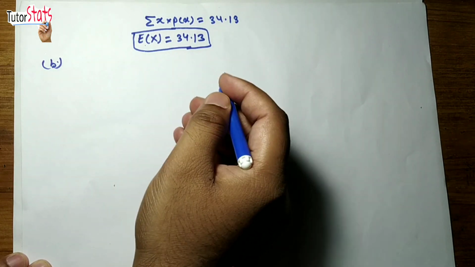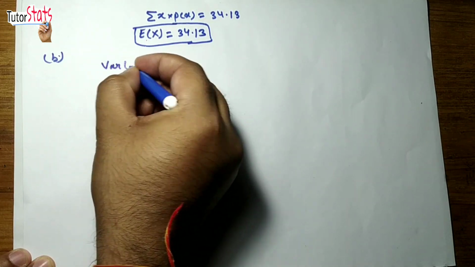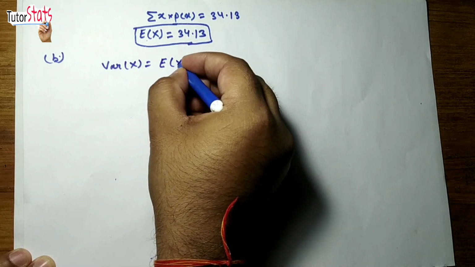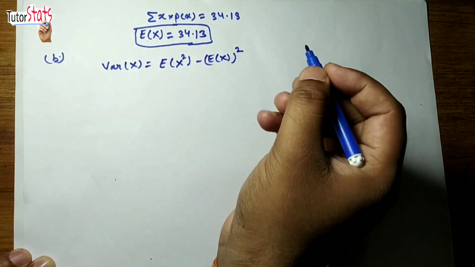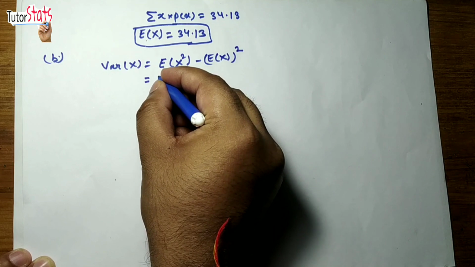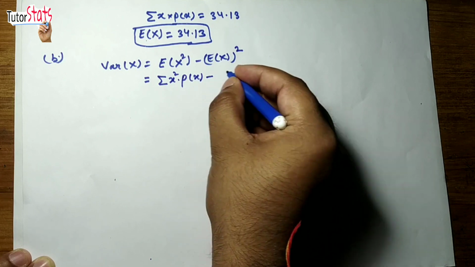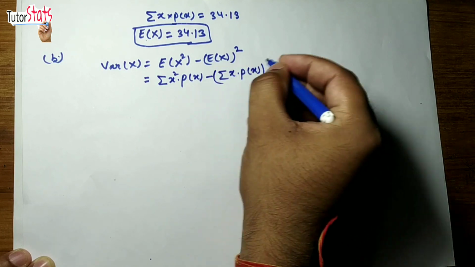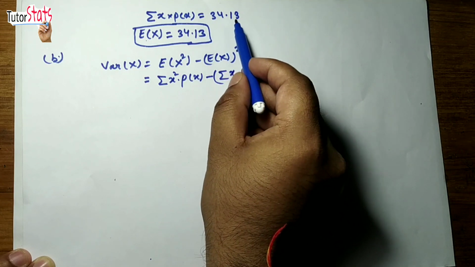Variance is the second order central moment, and it is defined in the form of expectation of x square minus expectation of x whole square, or in the form of the probability function we can write it as summation of x square into p of x minus summation of x into p of x whole square. So the value of summation of x into p of x is 34.13.